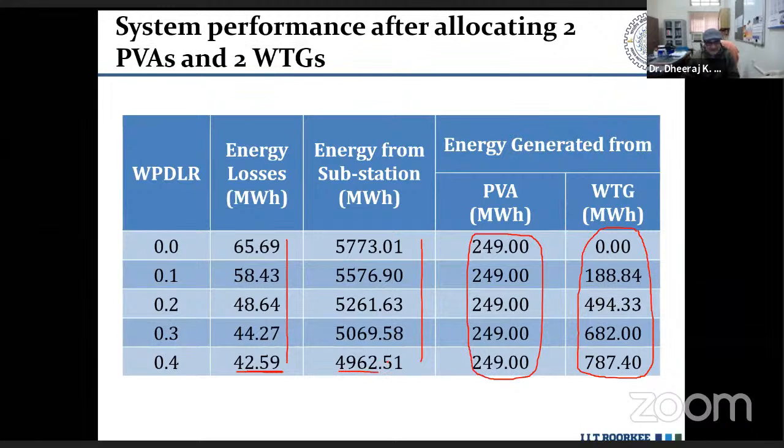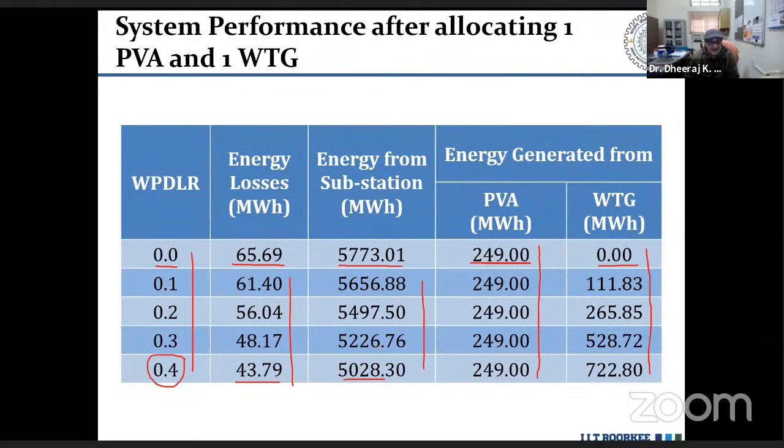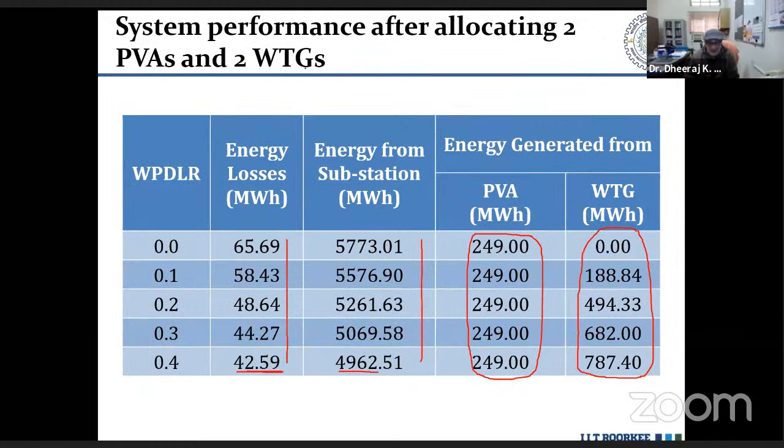So even though the total capacity of photovoltaic and wind turbine generators is the same for both cases, the difference is that here we are allocating two DGs, one photovoltaic and one WTG, but here we are allocating four DGs, two photovoltaic and two WTGs.